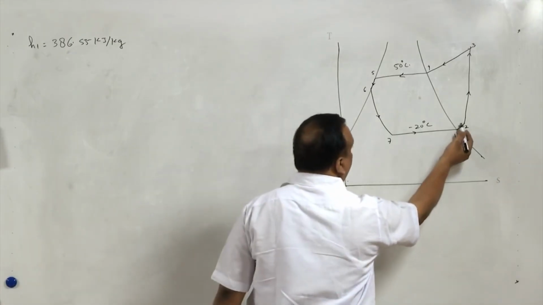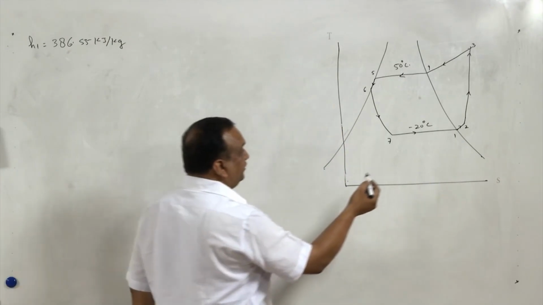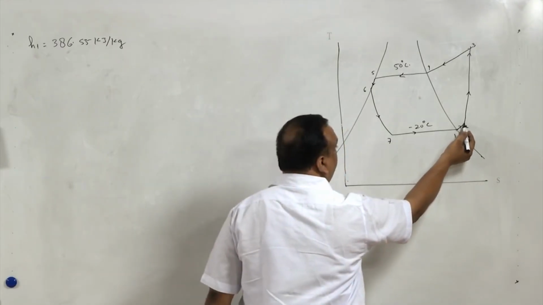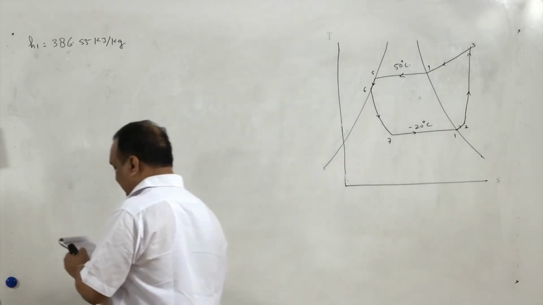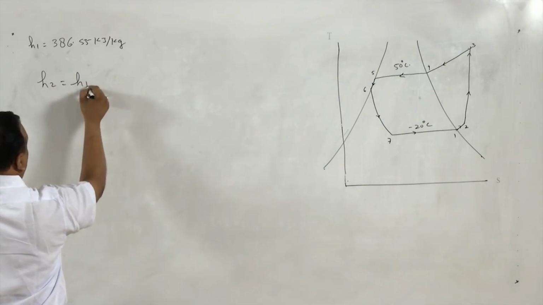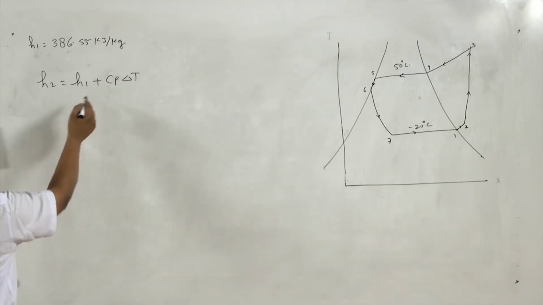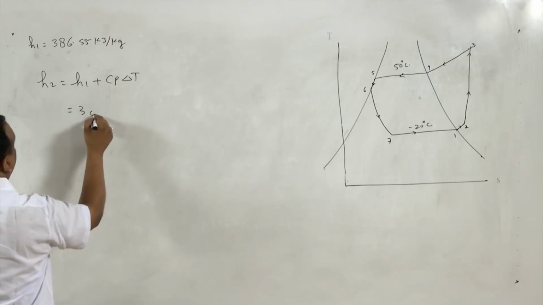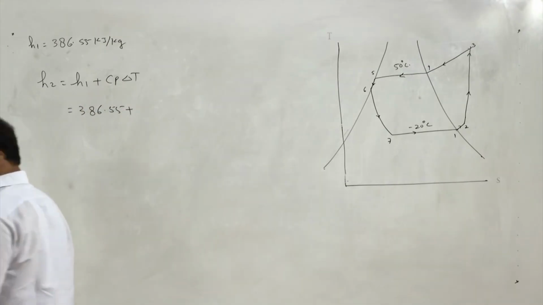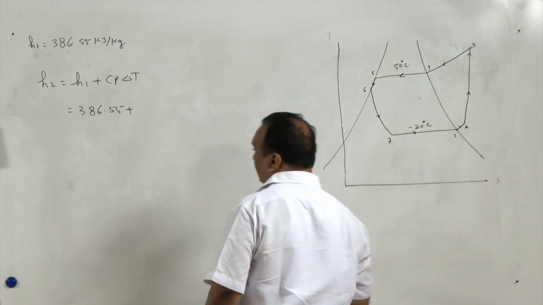Enthalpy of state 2 is not known to us, but we know that from state 1 to state 2 there is a sensible heating, and the temperature difference between state 2 and state 1 is 5 degrees centigrade. So, H2 can be H1 plus Cp delta T. Now, H1 is enthalpy at state 1, that is 386.55. Cp is the specific heat of saturated vapor at minus 20 degrees centigrade.